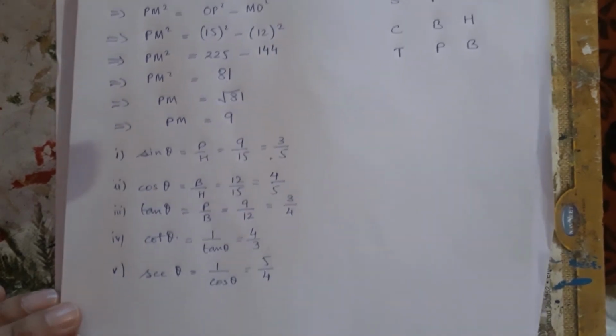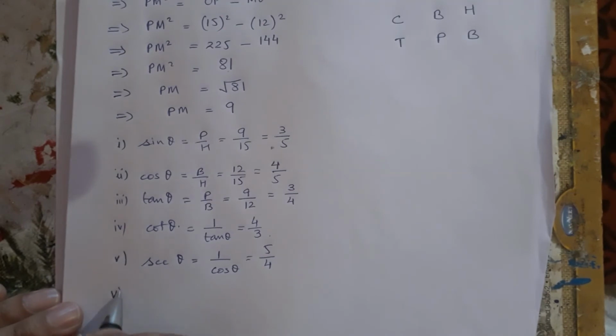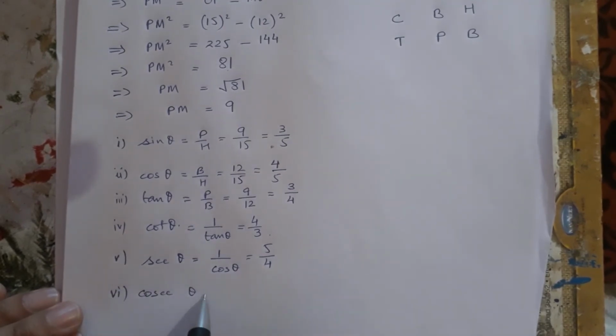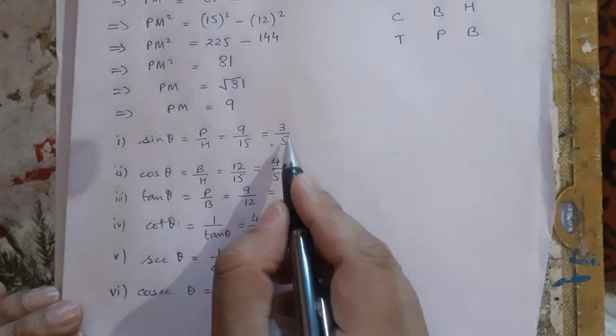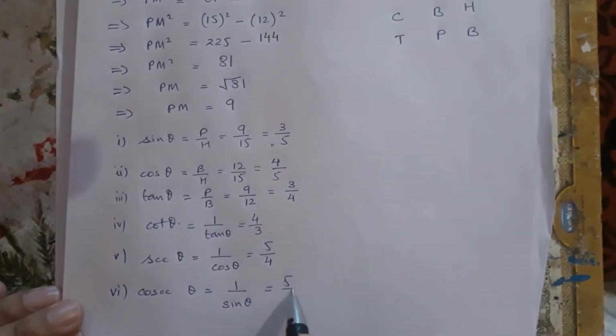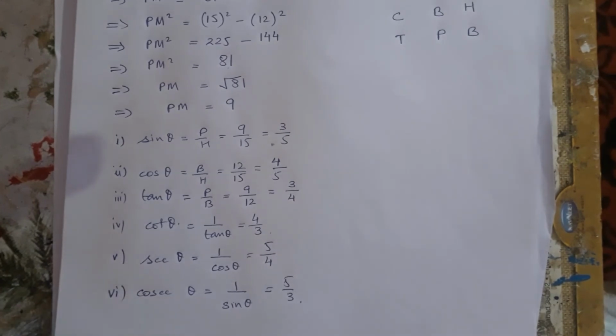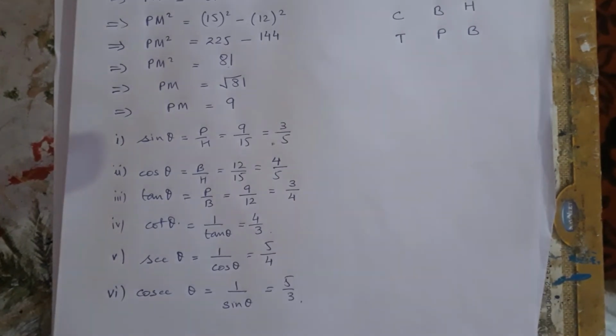The last one now is cosec theta, and cosec theta is reciprocal of sin theta. And how much is sin theta? 3 upon 5. So we write 5 upon 3. So this is how we can find the T ratios when a right angle triangle and its sides are known.